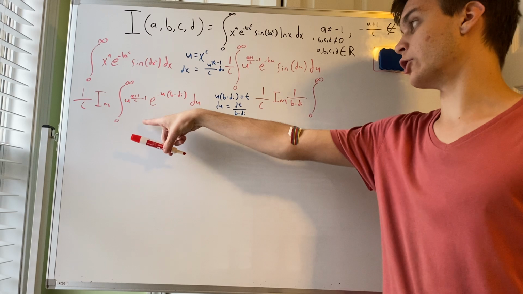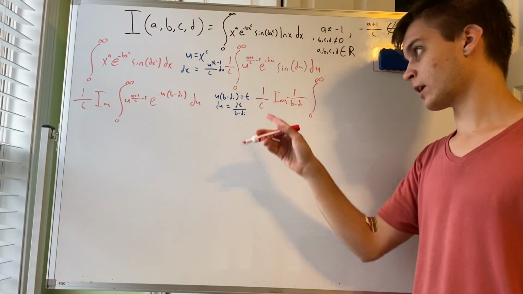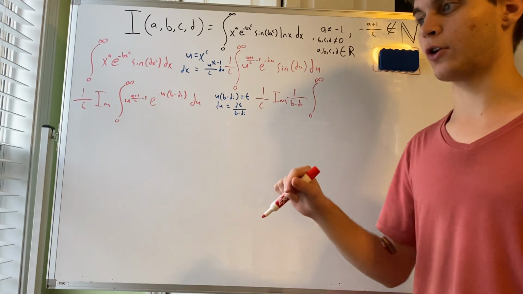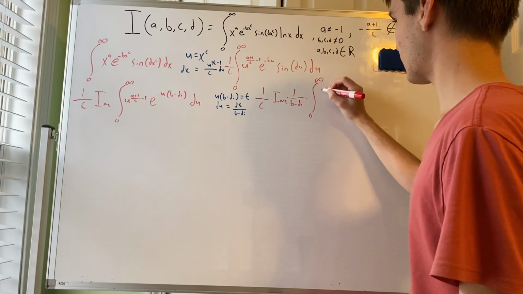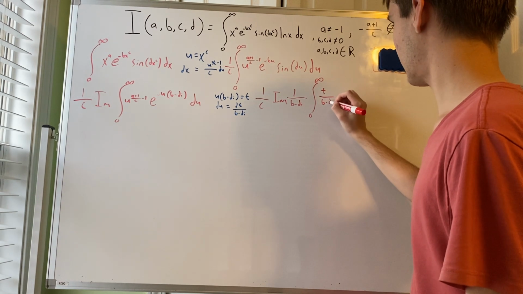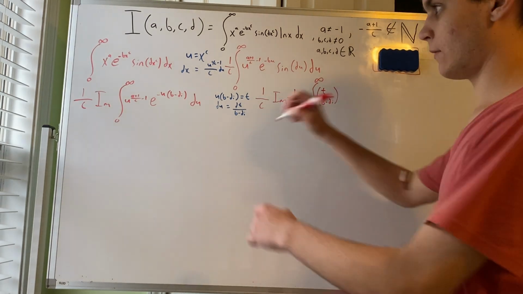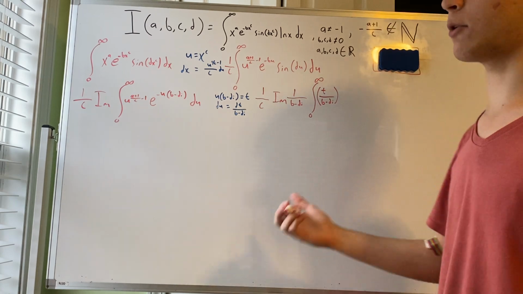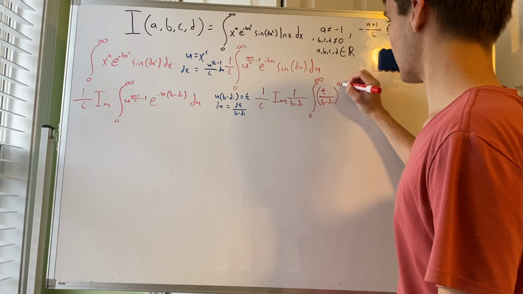Okay, but what is u in the t world? Well, if we divide by b minus di, you'll have u equals t over b minus di. So that's going to give us t over b minus di, and then our exponent is just a number because they're all constants.